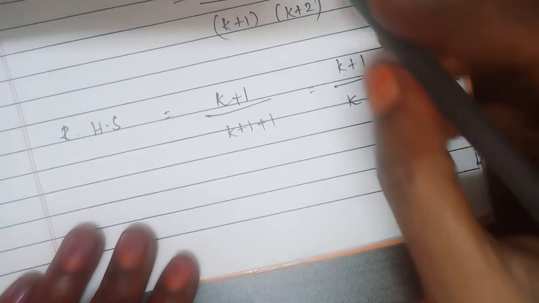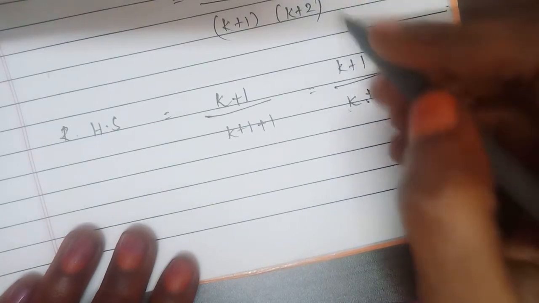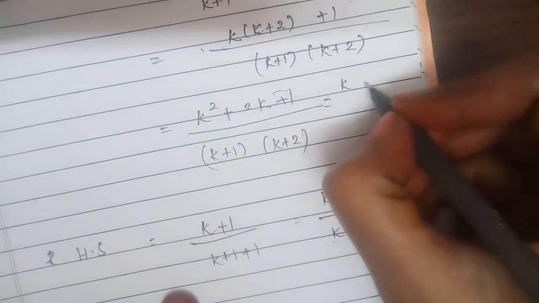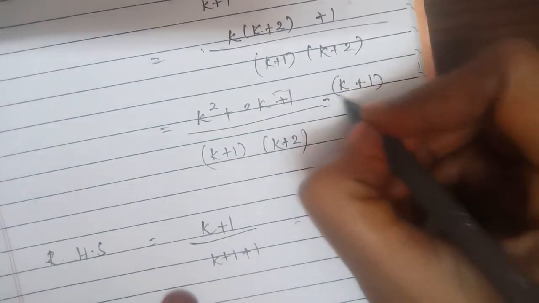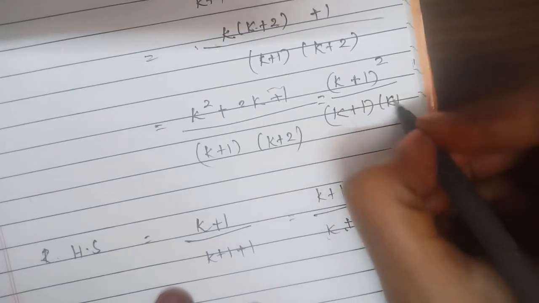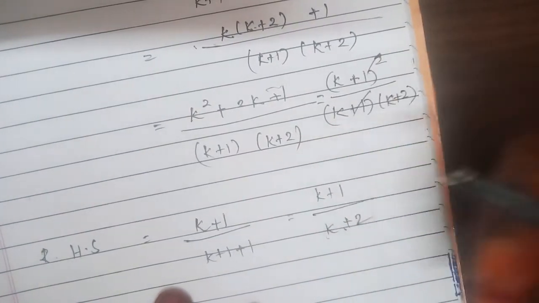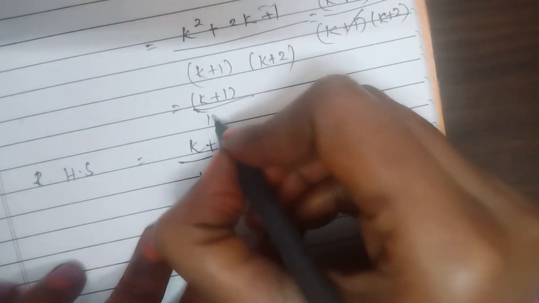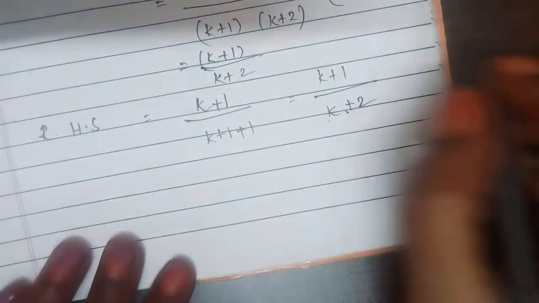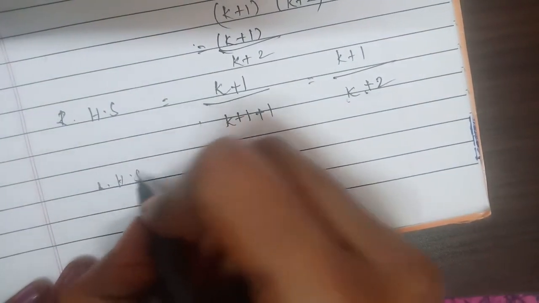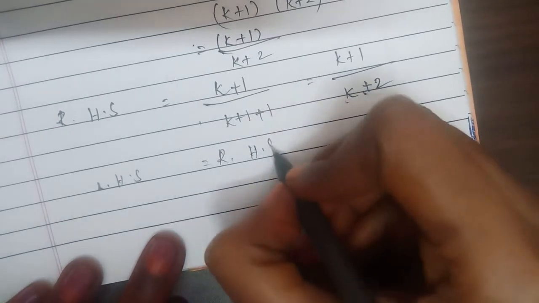So actually we'll see these two terms. When we see this LHS, we'll rewrite this one as (k plus 1) whole square divided by (k plus 1) into (k plus 2). So when we solve it, we'll get (k plus 1) divided by (k plus 2), which is LHS equal to RHS in this case.